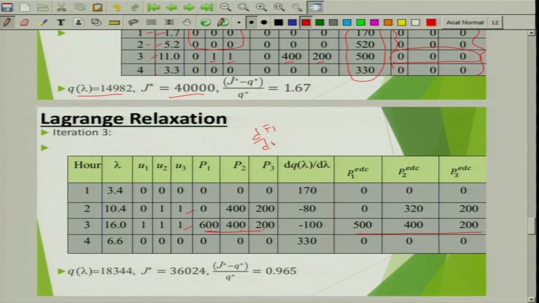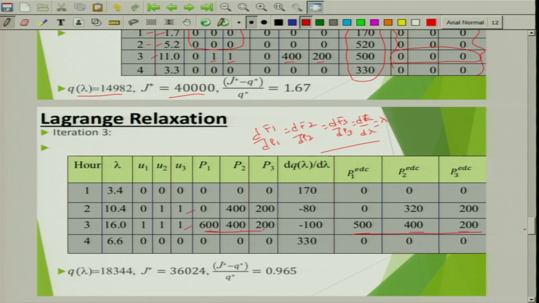That means very simple now. dF1 by dP1 is equal to dF2 by dP2 is equal to dF3 by dP3 is equal to dF by dL, which is equal to lambda, right. You carry out this economic dispatch with the previous very classical optimization technique. You get the optimal generation of P1, P2, P3.